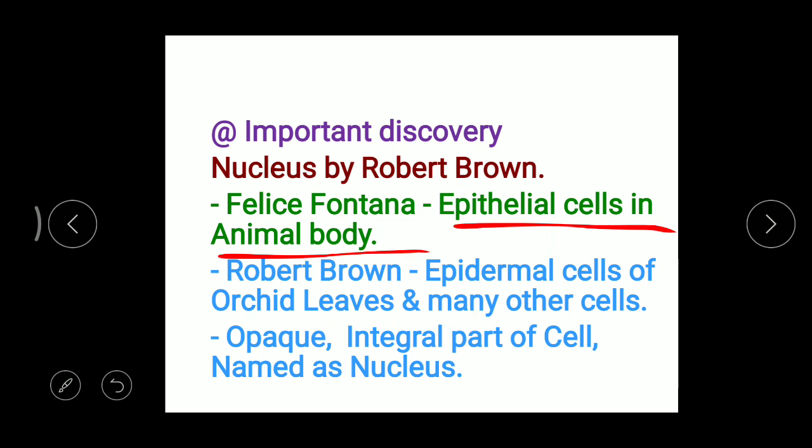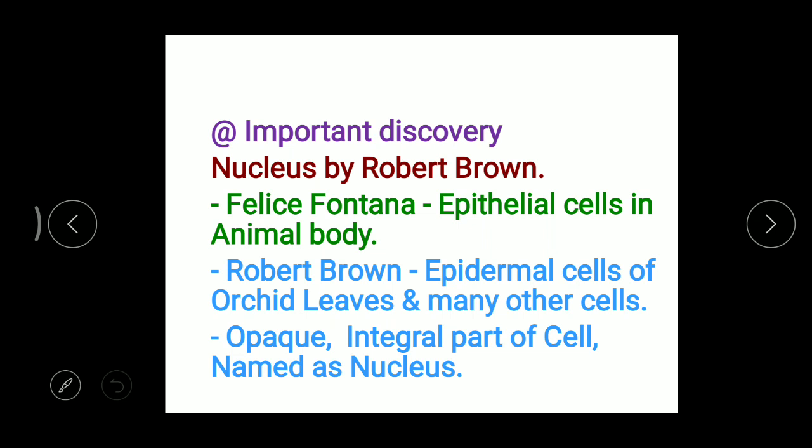What is meant by epithelial cells? Our body is covered by skin. Skin is a kind of epithelial tissue, which is made up of epithelial cells. So in epithelial cells, for the first time he observed a nucleus.